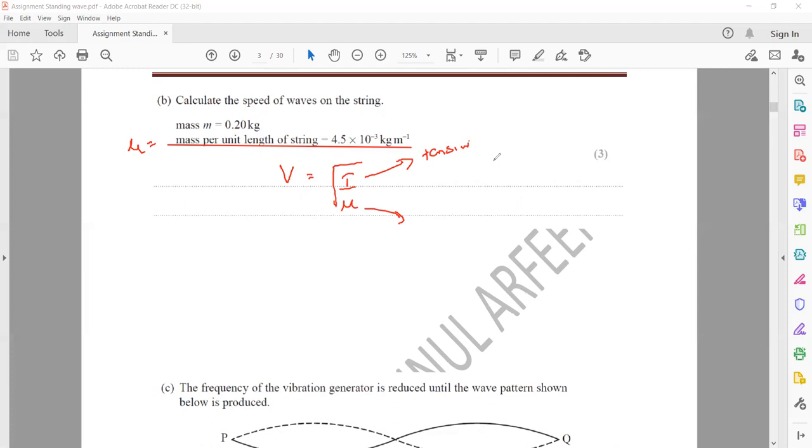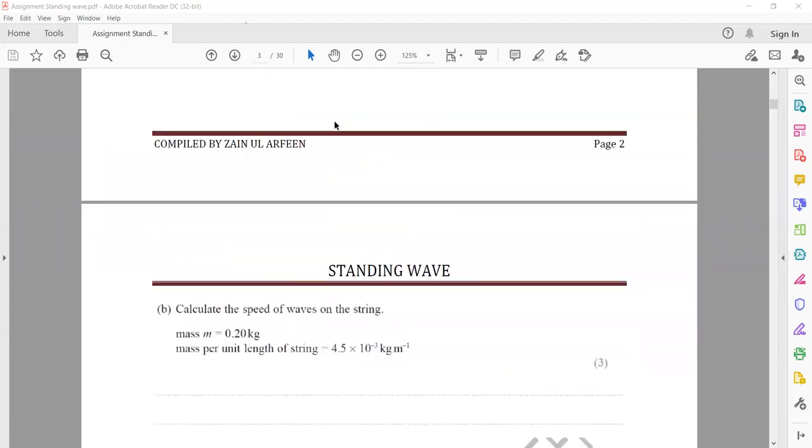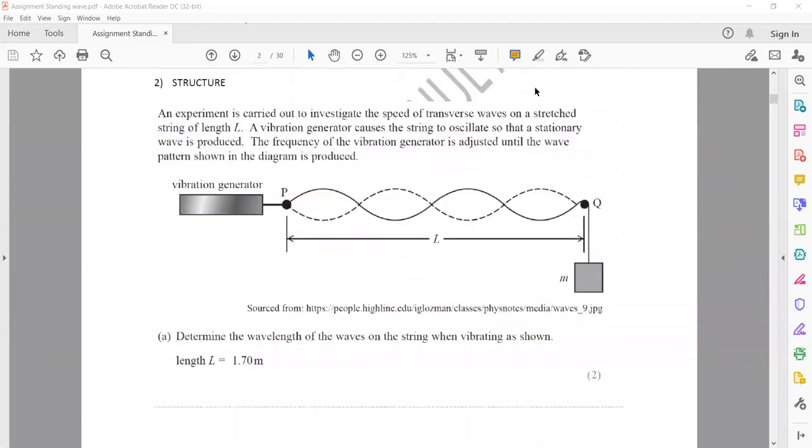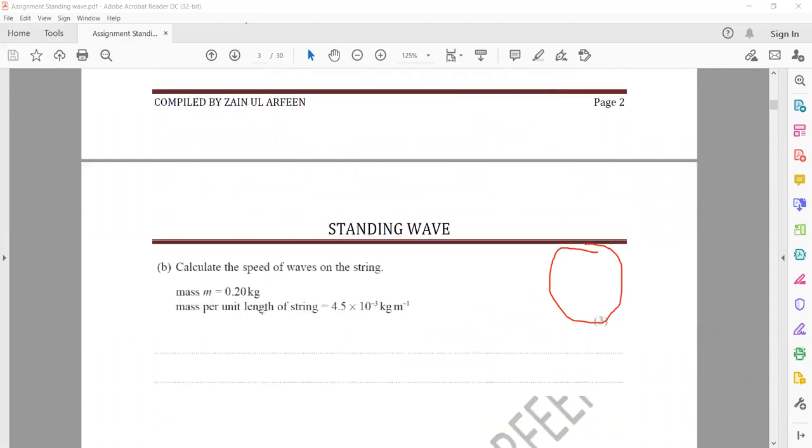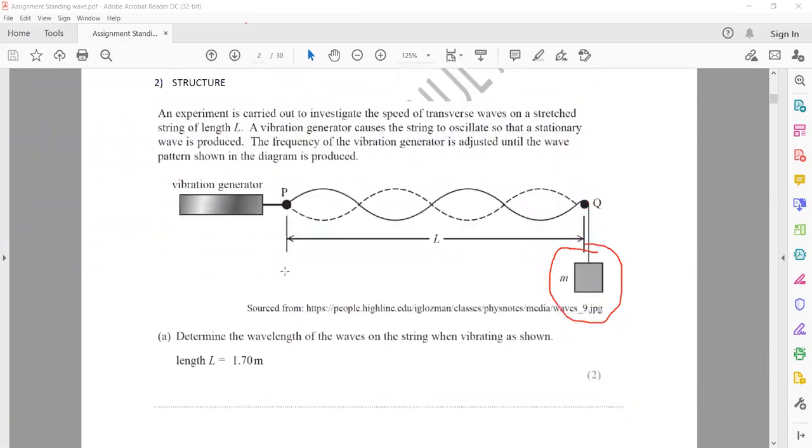When you check the figure, the load which we use here, this mass, will have its weight. So this mass is 0.2 kg, and that 0.2 kg will convert into weight.